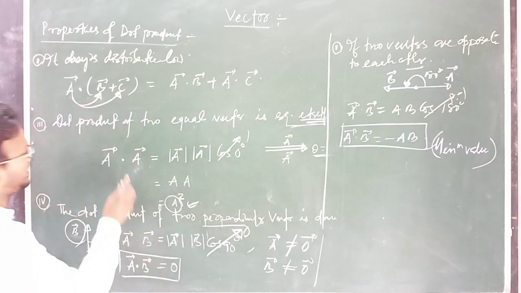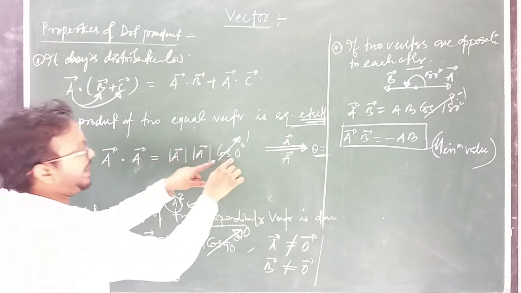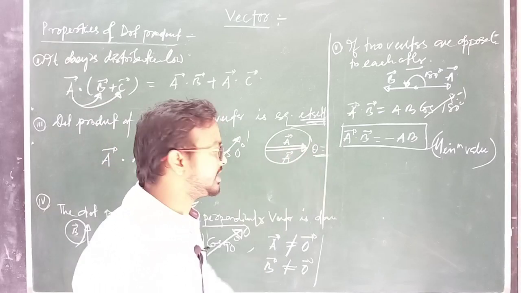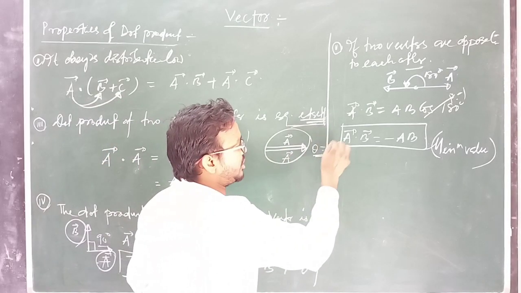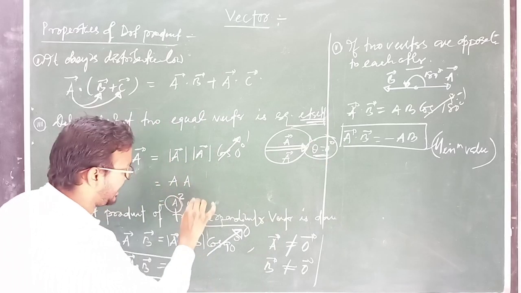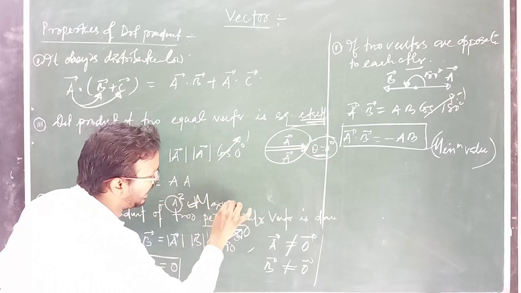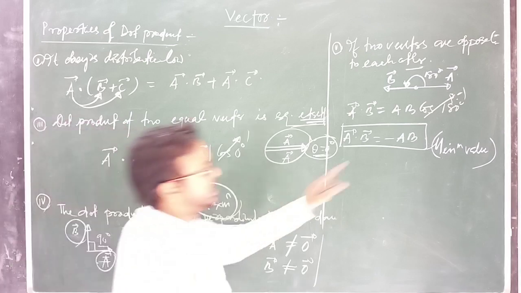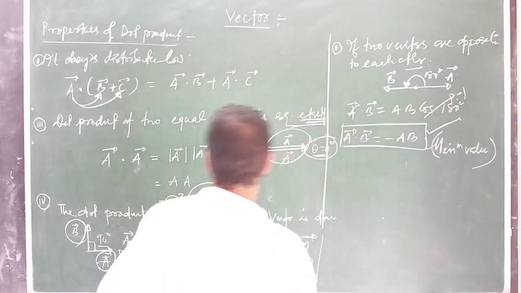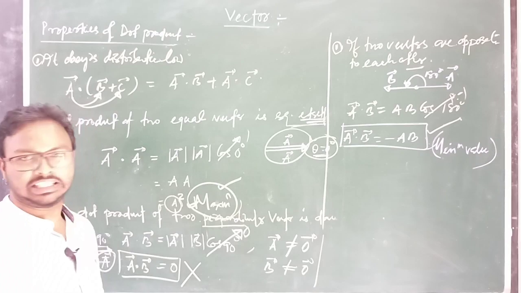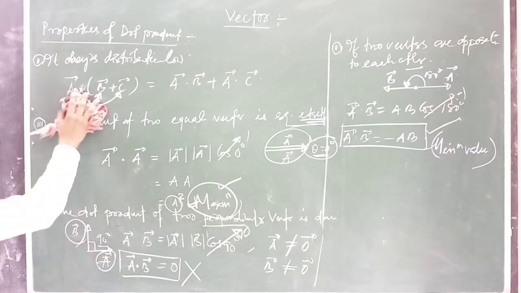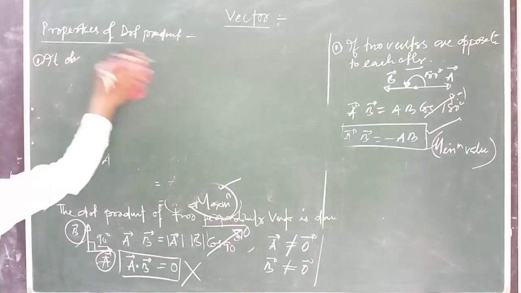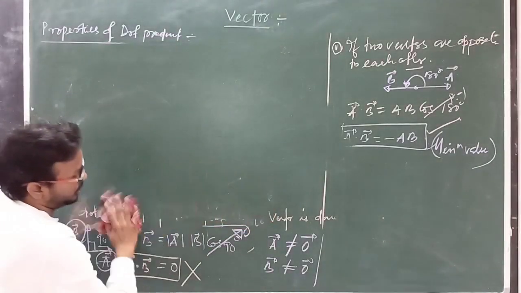The condition for maximum value is when two vectors are acting in the same direction or parallel to each other, when the angle between them is 0 degrees, at that time we get the maximum value. Here the negative sign is the minimum value and this is the maximum value. Clear? So these are some properties of the dot product of two vectors.